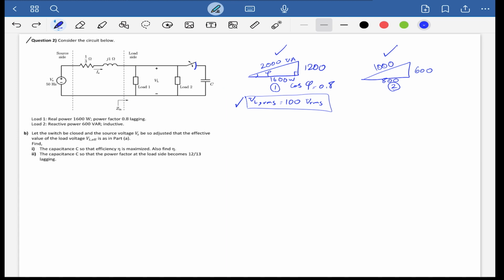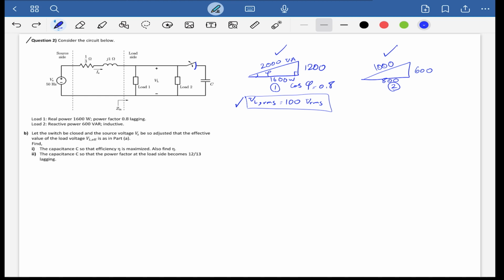So what to do? For part I, we want to find the capacitance C so that the efficiency is maximized.